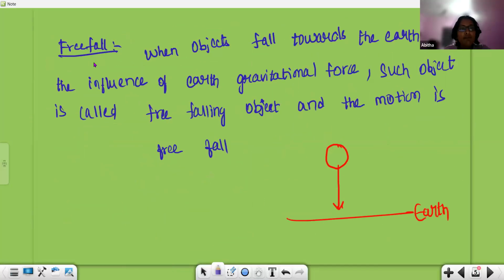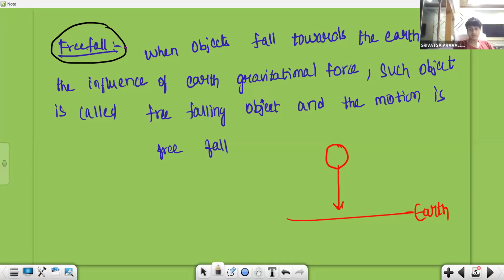Okay. What is a free fall, Srivatsa? Free fall is when the gravitational force. What is free fall? The definition of free fall. When an object is falling freely towards the Earth's surface due to gravitational force, that body is a free fall body and the motion is free fall.